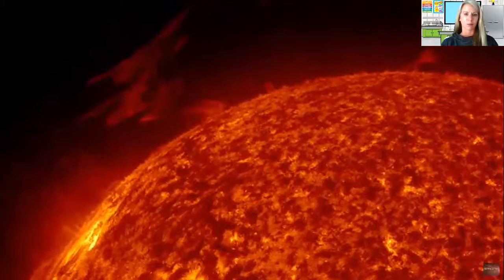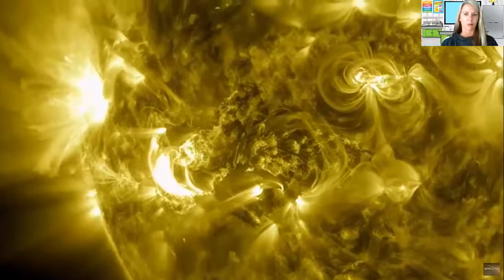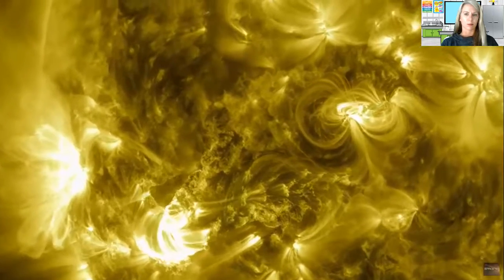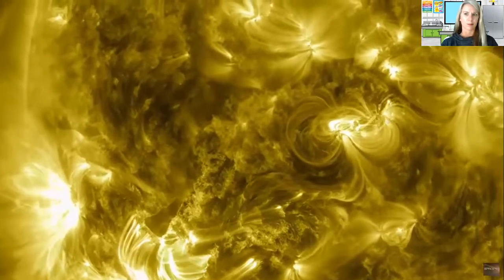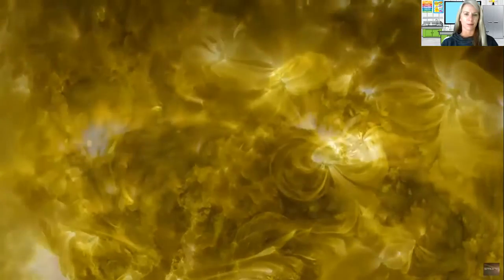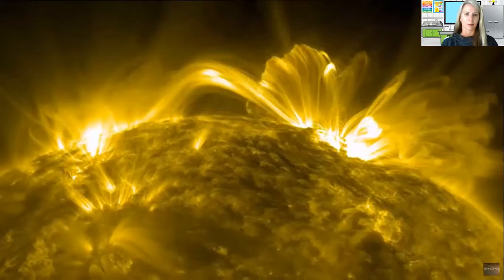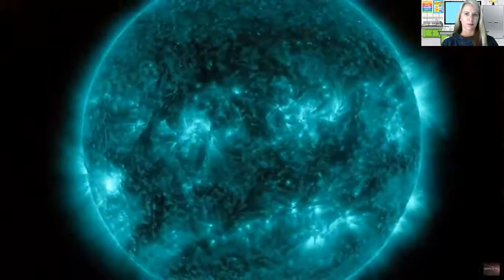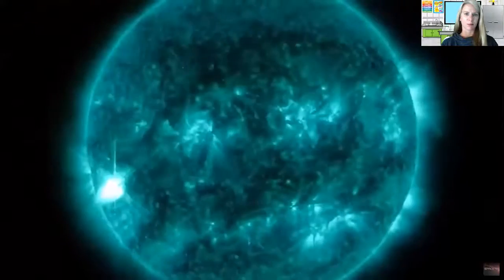Constant, yet ever-changing. Born from a swirling cloud of dust and gas, it is a giant fusion engine that drives the solar system. It seethes and boils like a living thing.